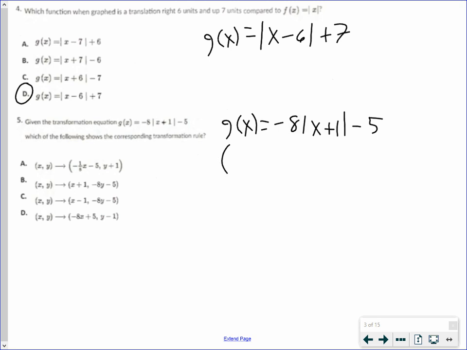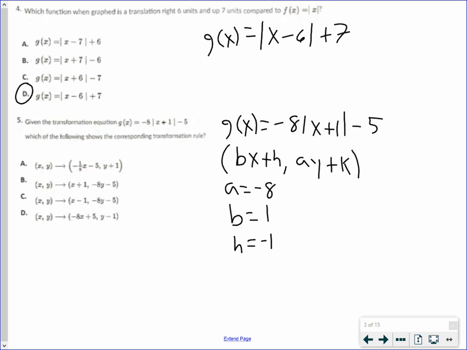Remember, it should be bx plus h, comma, ay plus k. In this g of x we have here, our a value is -8, our b is 1, our h is -1, and our k is -5. So our transformation rule, let's do it right here on the side.